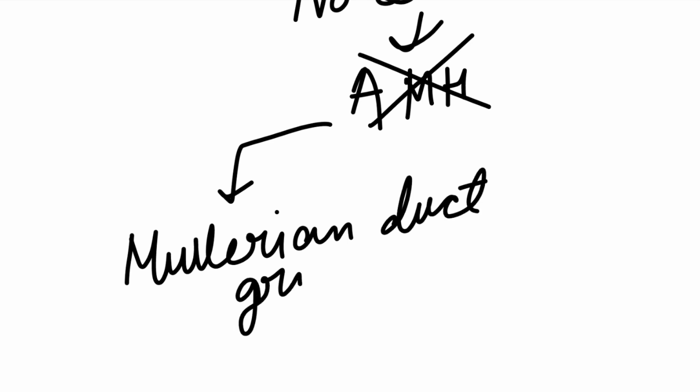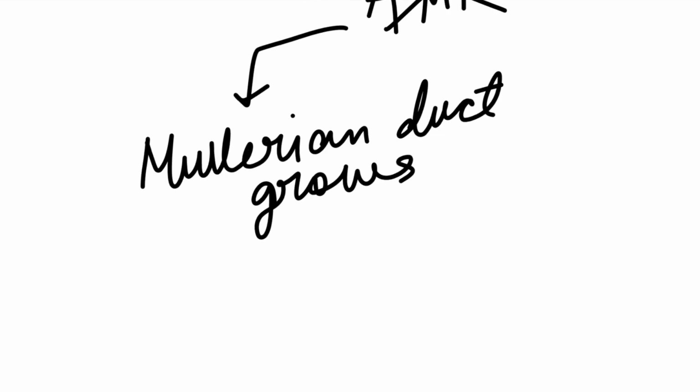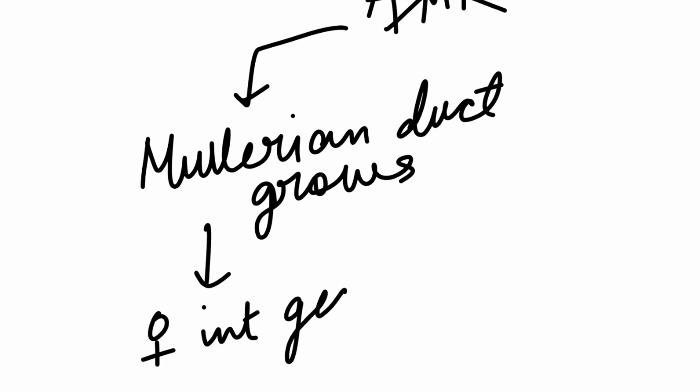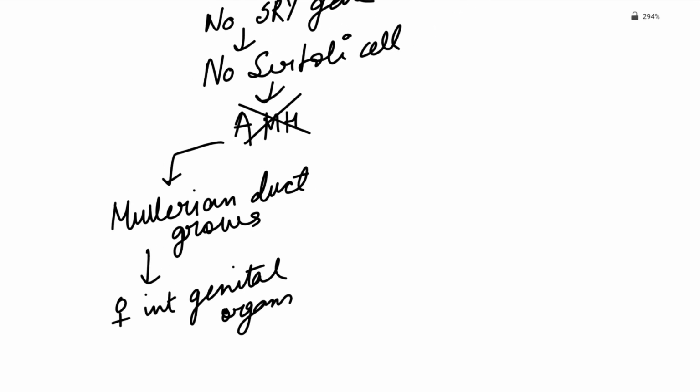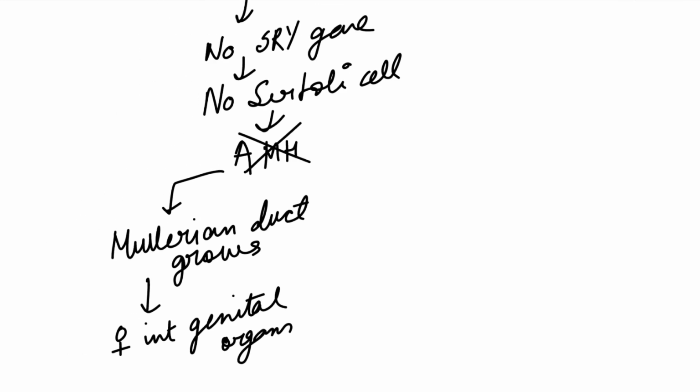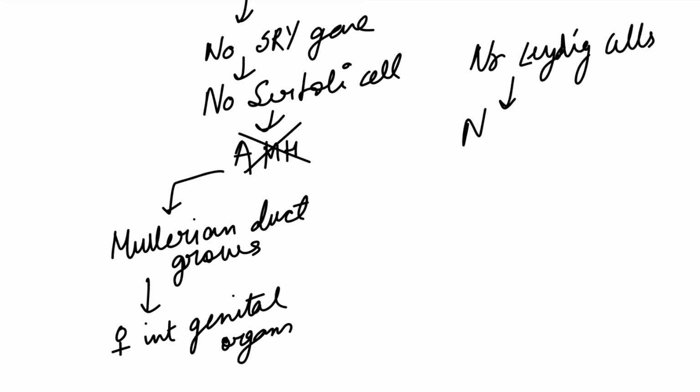grows, and it is going to form the female internal genital organs. Along with that, because no Sertoli cells are present, anti-Mullerian hormones are not produced. Similarly, no Leydig cells are present. And because no Leydig cells are present, there is no testosterone.